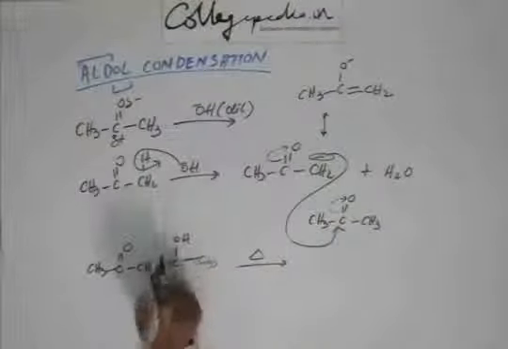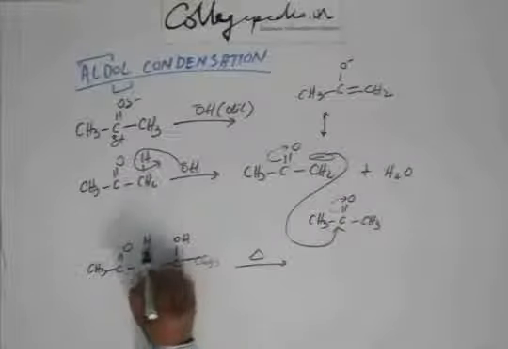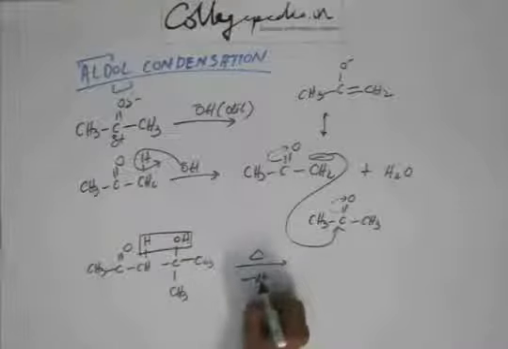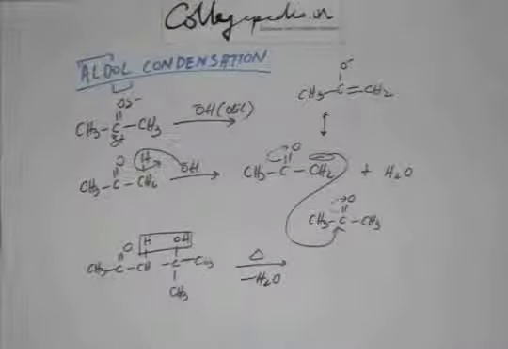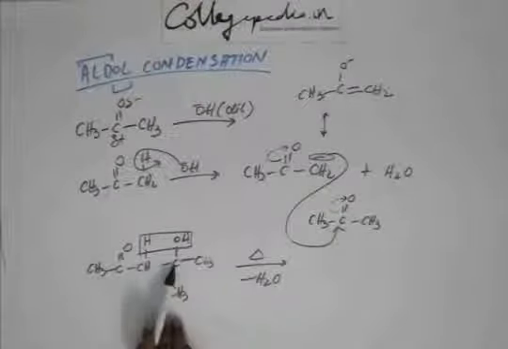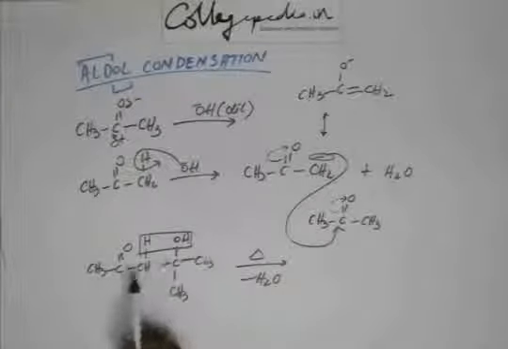What happens here is this hydrogen and this OH group come out. Water is removed. When water goes off, this carbon loses one bond, this carbon loses one bond, and then both will form one bond each. So a C double bond C is going to appear at this position.